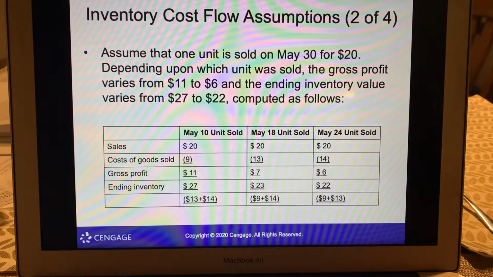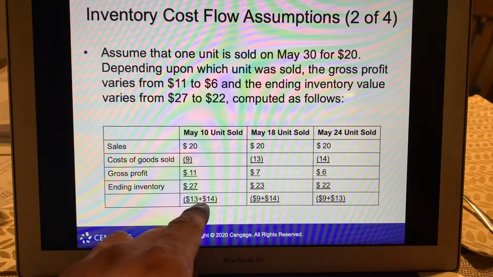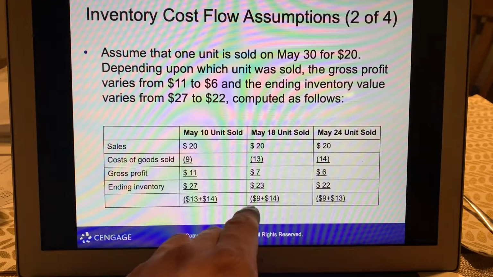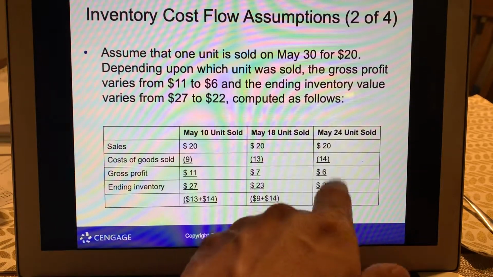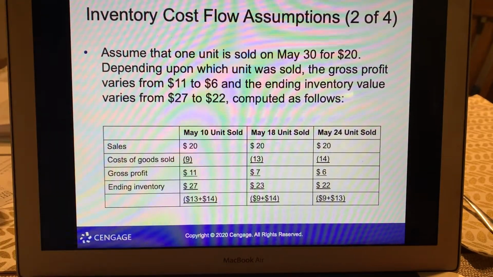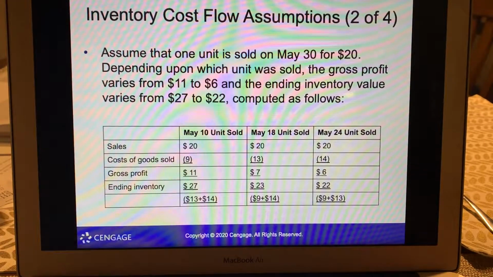Assume that one unit is sold on May 30 for $20. Depending upon which unit was sold, the gross profit varies from $11 to $6, and the ending inventory value varies from $27 to $22. Here is what it looks like.